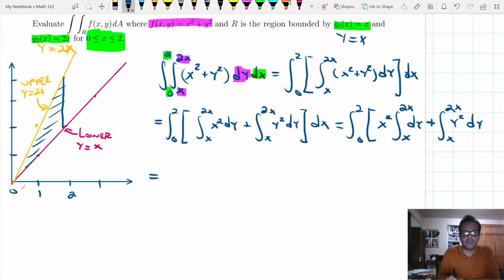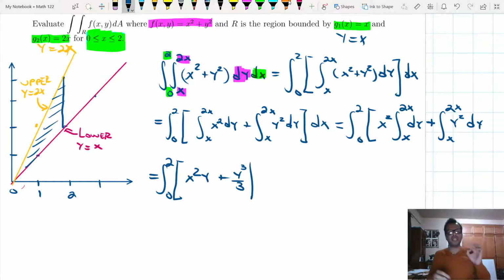Let's evaluate each of the integrals now. This is the integral from 0 to 2, and the integral of dy times x squared is x squared y, plus the integral of y squared, which is y cubed over 3. Be careful when setting the limits: the whole thing goes from y equals x to y equals 2x.